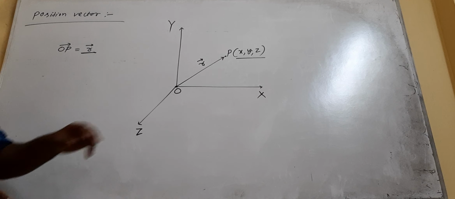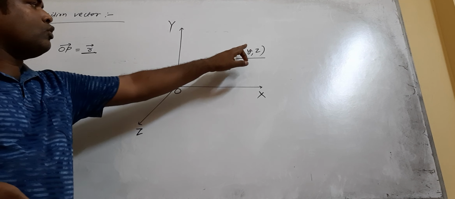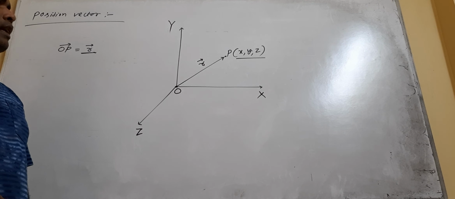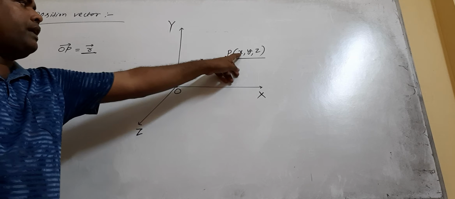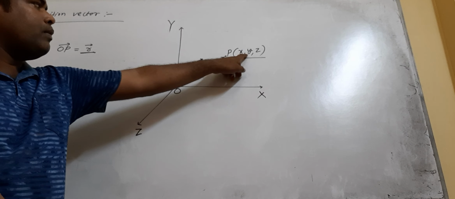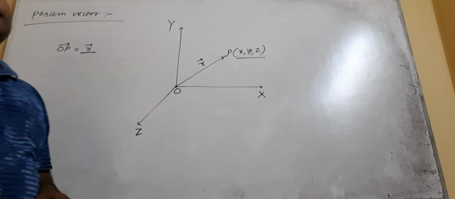So here you see the coordinates of P are x, y and z. That means the x component of this position vector is small x, the y component is small y and the z component is small z.